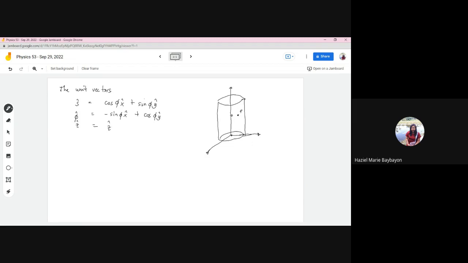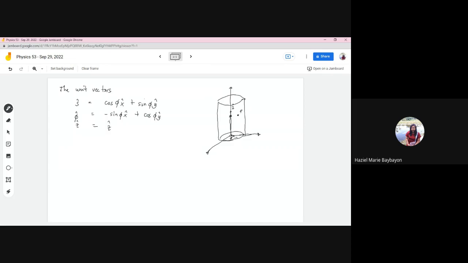This one is your z. So z hat is fixed. Of course, it is the unit vector along the positive z-axis. And then your phi hat is tangent to this circle.